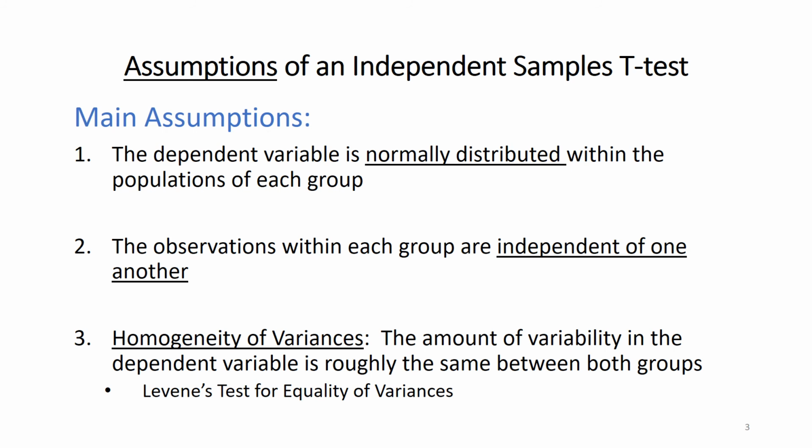Assumption 2 says that the observations within each group are independent of one another. What does that mean? It means that how strong one of the people in the meathead group is should not have an influence on the strength of somebody in the innocents group. In other words, they're independent. A violation of this would be, imagine some of you may go and work out with a workout partner or a friend. Sometimes you don't feel like getting out of bed and doing your exercise, but your friend calls you or texts you and says, come on, lazy butt, let's go.